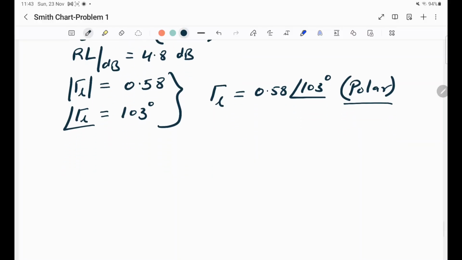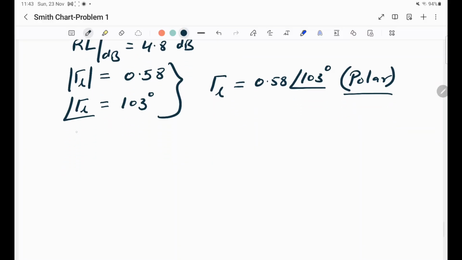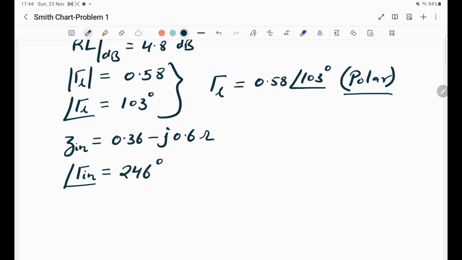Okay, then after that we have found the value of the normalized input impedance, which is 0.36 minus J 0.6 ohm, and we have also found the angle of the reflection coefficient seen at the input end, which is 246 degrees or minus 114 degrees.